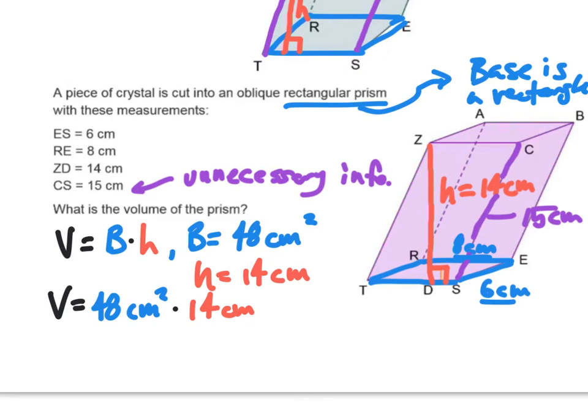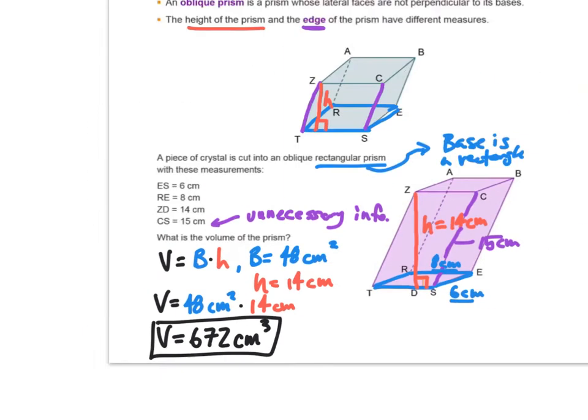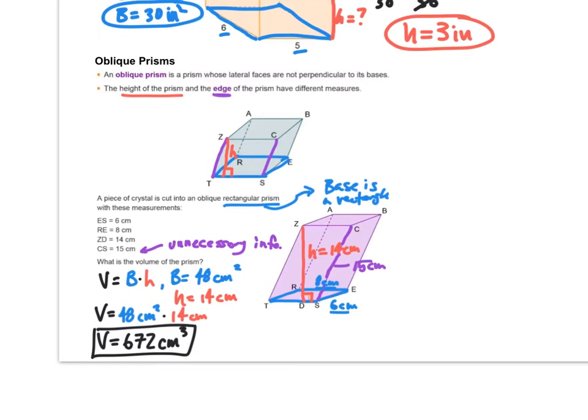So if I take 48 times 14, that's going to give me 672, and this is centimeters cubed. And that's how we calculate the volume of a figure.